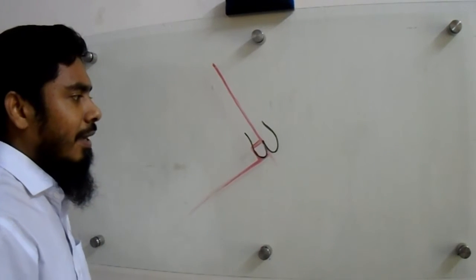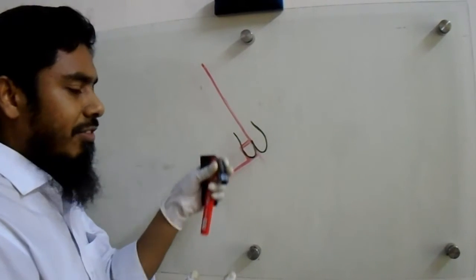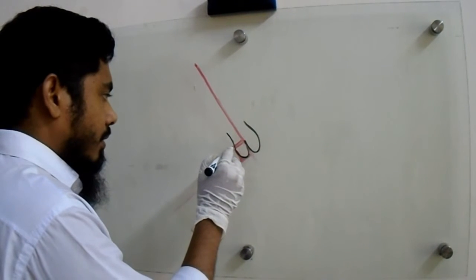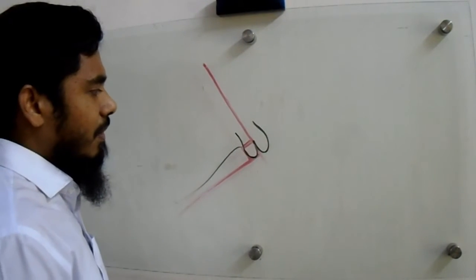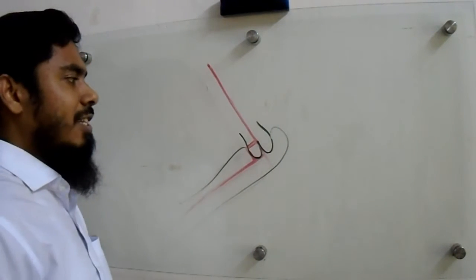Okay. After that, you have to draw the vaginal wall. We know that cervix is inserted into the vagina. So it is the anterior wall of the vagina, and here it is the posterior wall of the vagina.